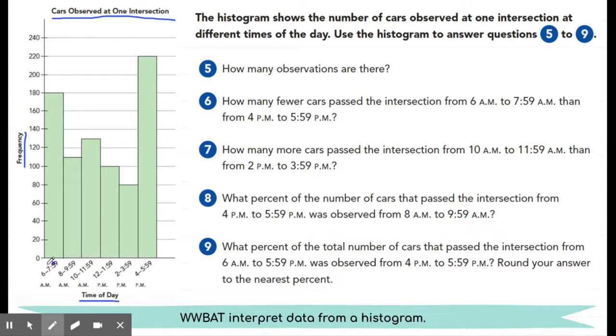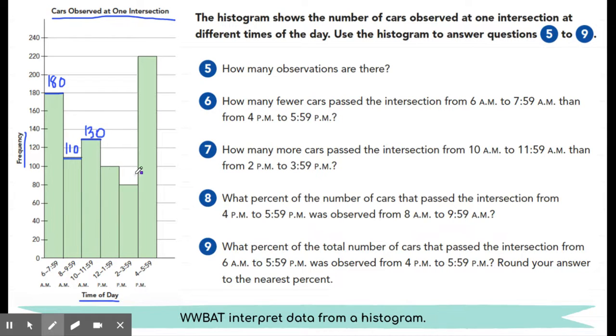So from 6 a.m. to 7:59, the car has been observed 180 times based on this first bar. From 8 to 9:59 a.m., the car has been observed 110 times. From 10 to 11:59, the car has been observed 130 times.